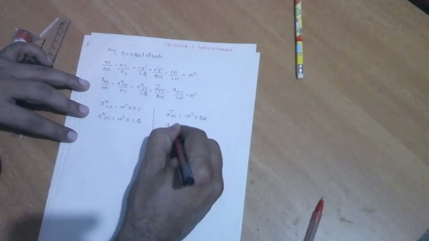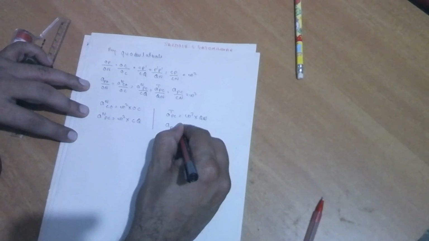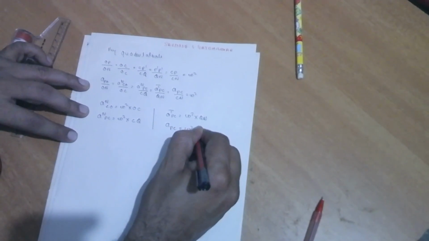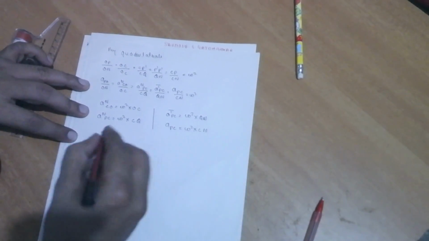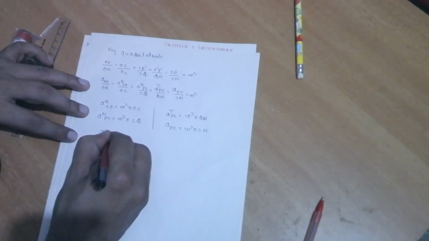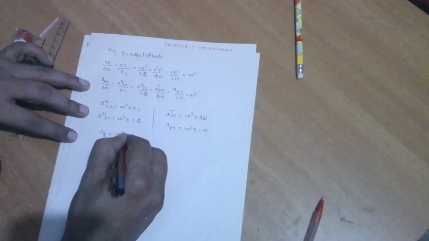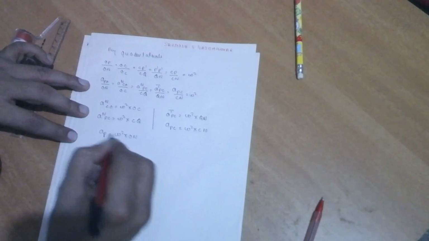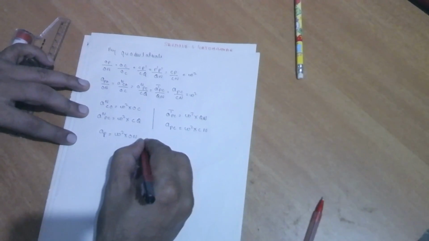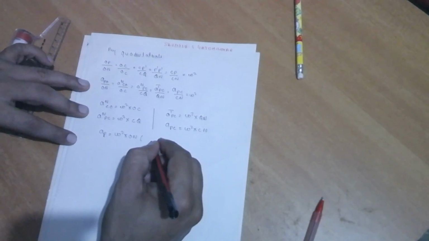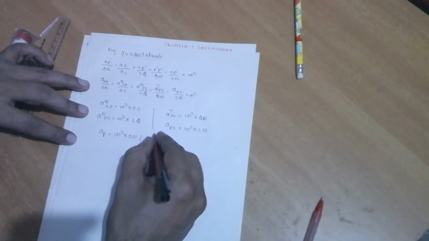A PC is nothing but omega square into CN, and A P is nothing but omega square into ON. And this is for the acceleration of the piston.